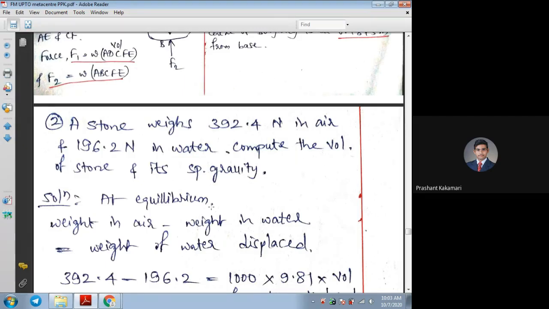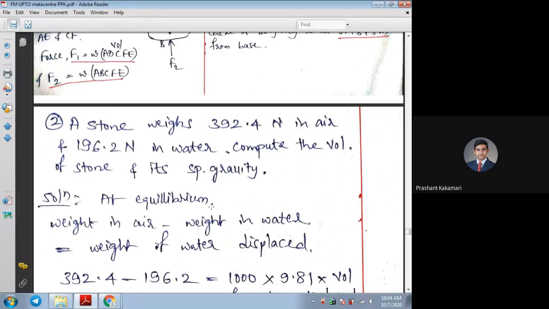Can anyone tell me the meaning of specific gravity, and how we can find it for the given stone? Until now we have seen the specific gravity of oil in the manometer, of mercury, or of water. But here they are asking the specific gravity of a stone where only weight, or the difference of weight, is given.